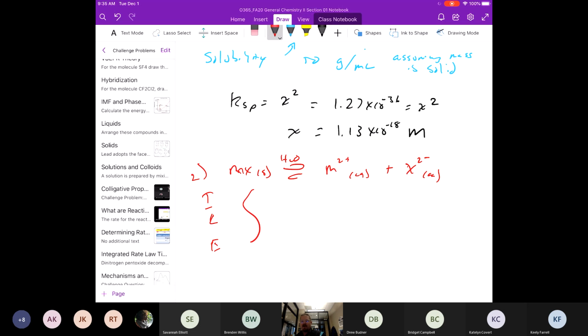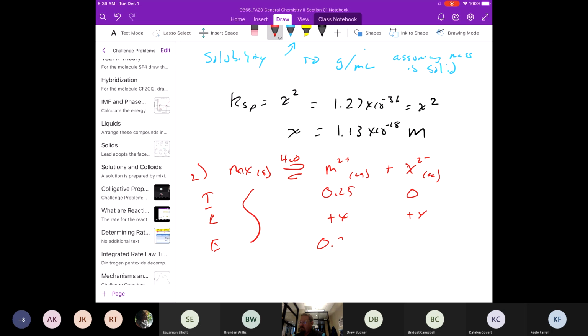We're going to ignore this, but now we have some initial concentration, so this concentration, instead of being 0, is going to be 0.25. This is still going to be 0, because at equilibrium we're still going to shift to the product side. So we're going to add X here, add X there.